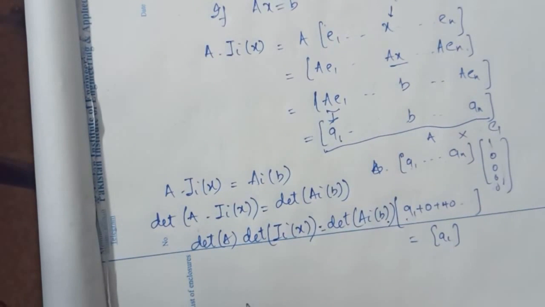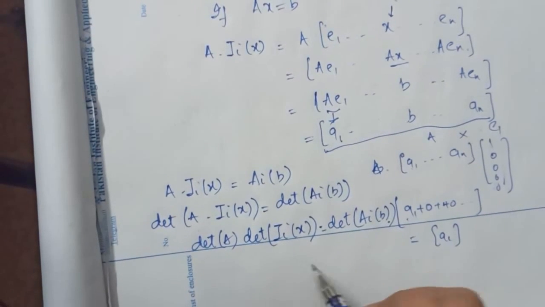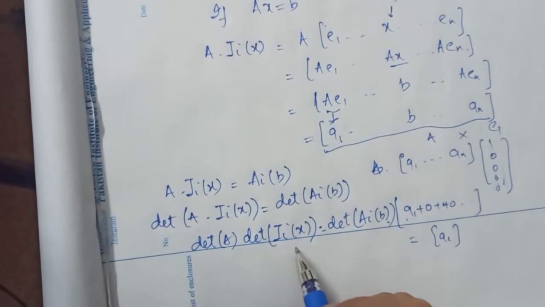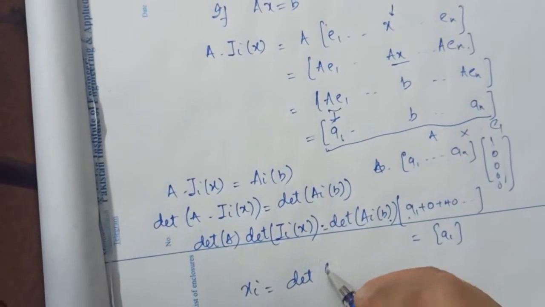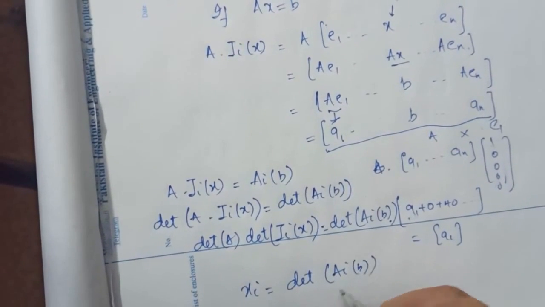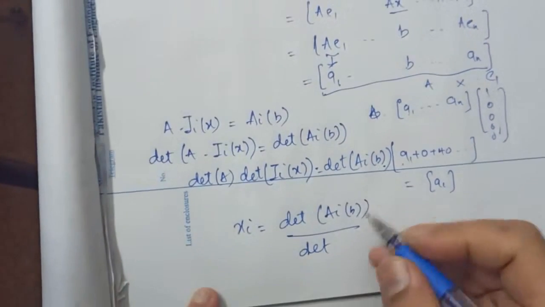Now what is determinant of A I of x? So determinant of I of x is nothing but simply xi. So this becomes xi is determinant of A I of b divided by determinant of A.